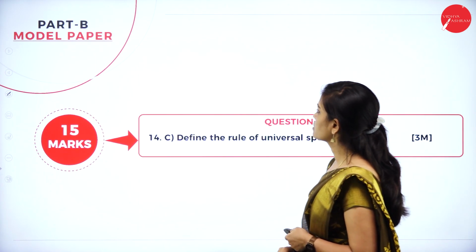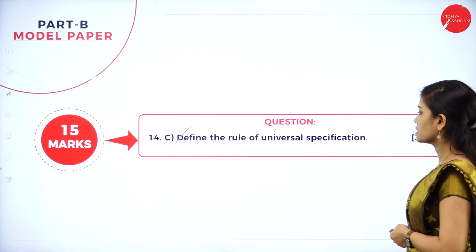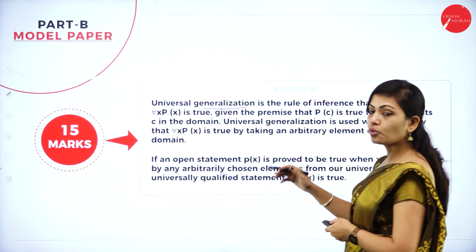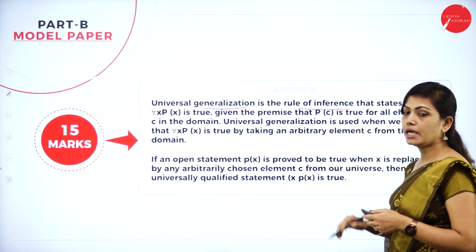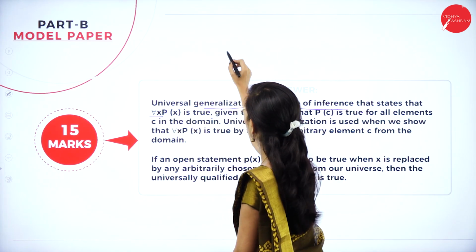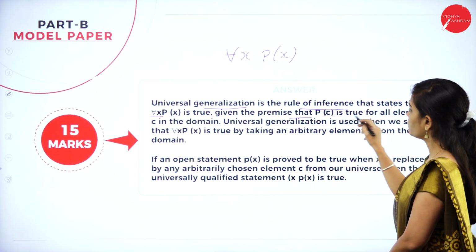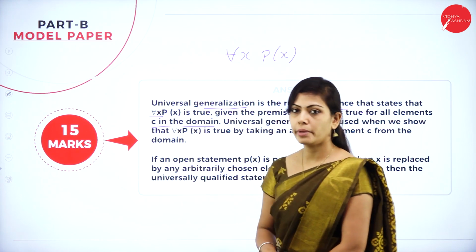And the next one is question number 14C. Define the rule of universal generalization. Universal generalization is a rule of inference. I have already discussed this concept: it states that for all x, P of x is true, that is, P of x is true for all elements c in the domain.